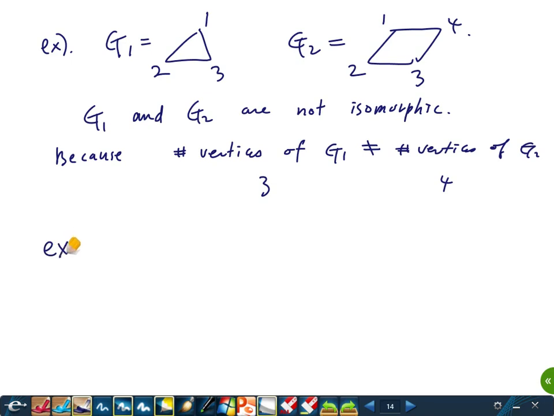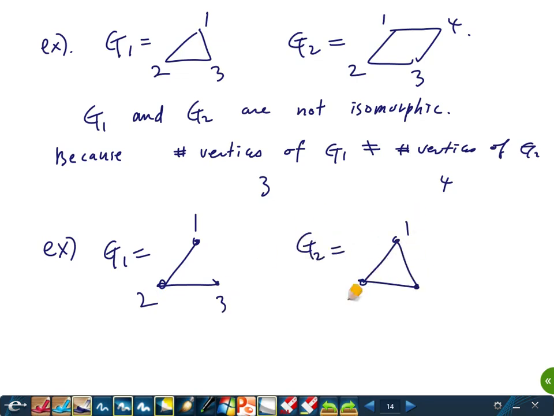Another example: G1, 1, 2, 3, and G2 is this. Are they isomorphic or not? They are not isomorphic, because we can find one invariant that G1 satisfies and G2 does not, a different invariant. The number of edges is also an invariant.